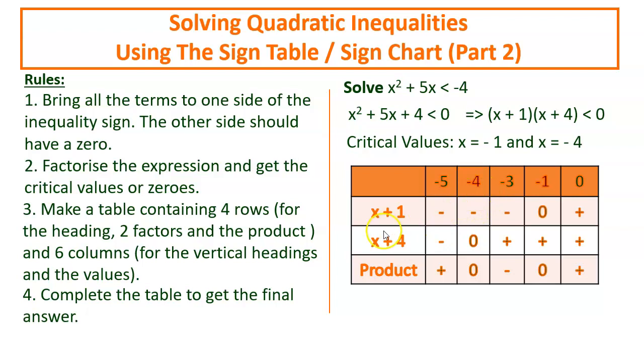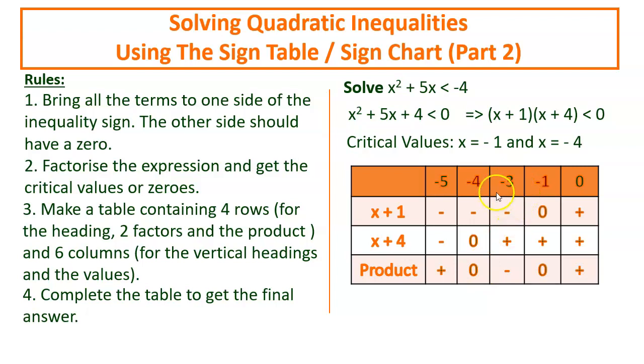Coming to -4. -4 plus 1 is -3. So there is this minus sign over here. And -4 plus 4 added together gives us a 0. A negative number when multiplied with 0 will be giving us a 0 as the product.